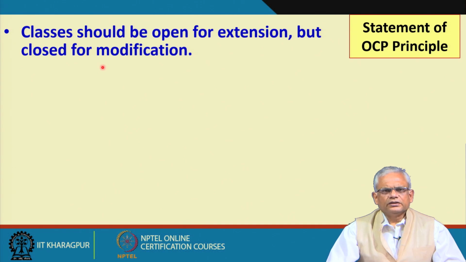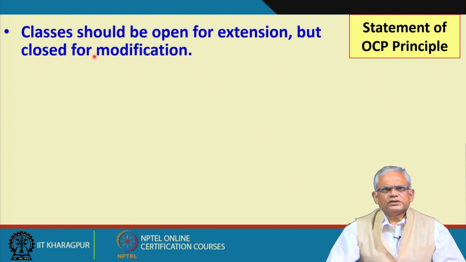The main idea here is that once we have developed a class, tested it, and found it working without bugs, we should not modify it, because if we modify it, not only can there be bugs, but the other classes which are making use of the services of this class will be impacted.